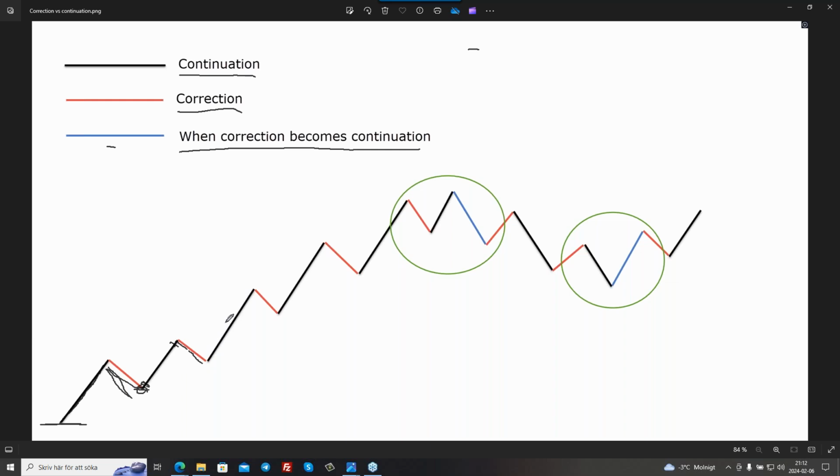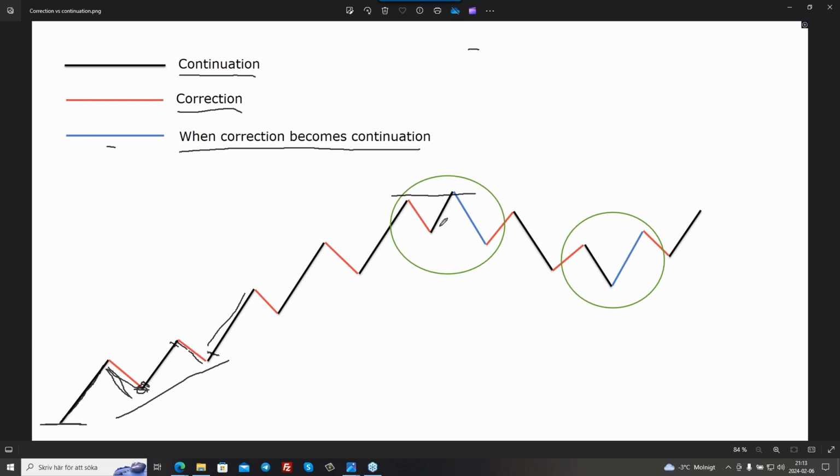So this continues, obviously. Now we are in a continuation mode, price in a strong uptrend. Okay, and now you need to involve yourself as soon as possible before the meat of the market starts moving. Then price goes on, continuing, correcting, continuation, correction, and then at some point price will be hitting a level of resistance.